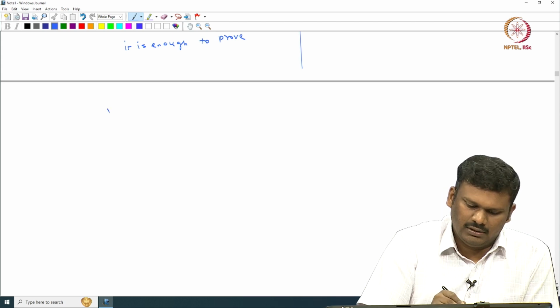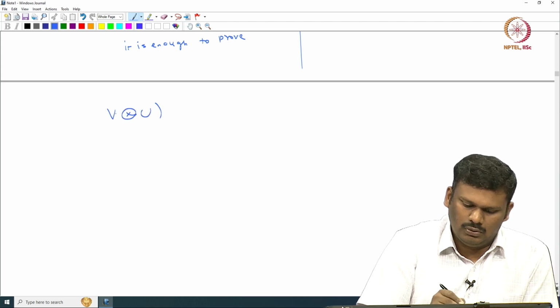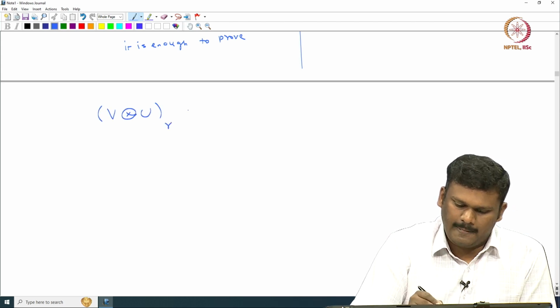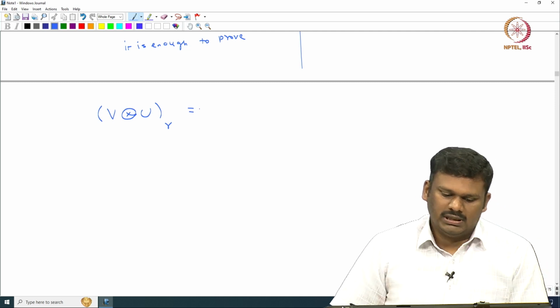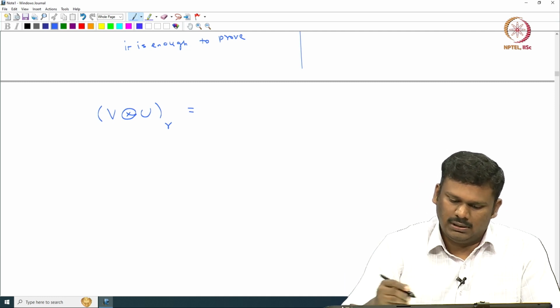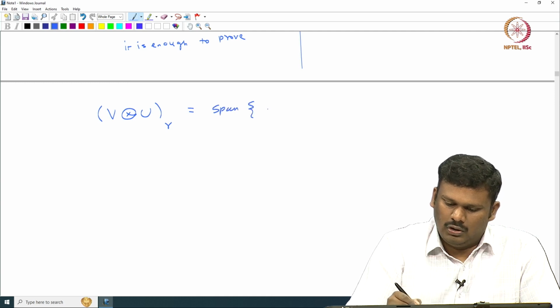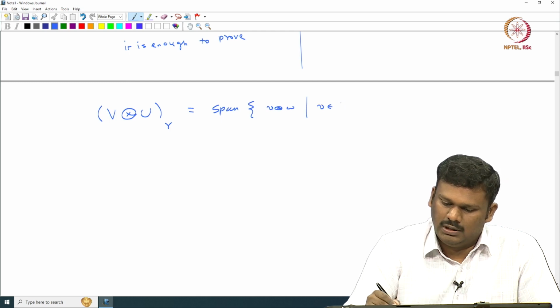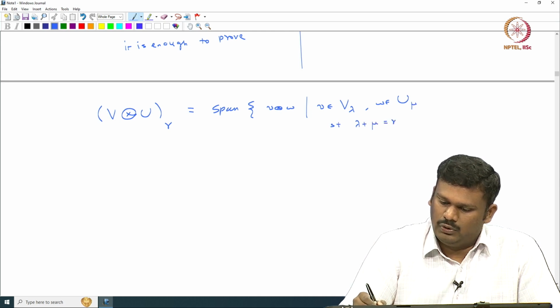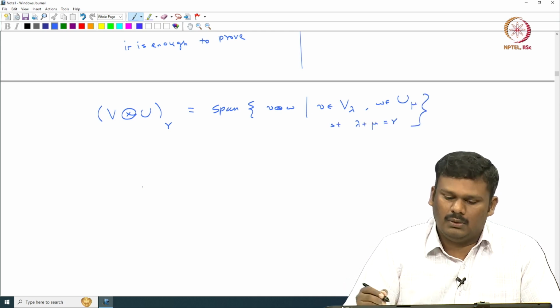So, if I take the gamma weight space of V tensor U, this is not very hard to see. This is going to be the span of all v tensor w, where v will come from V_lambda and w will come from U_mu, such that lambda plus mu equals gamma.